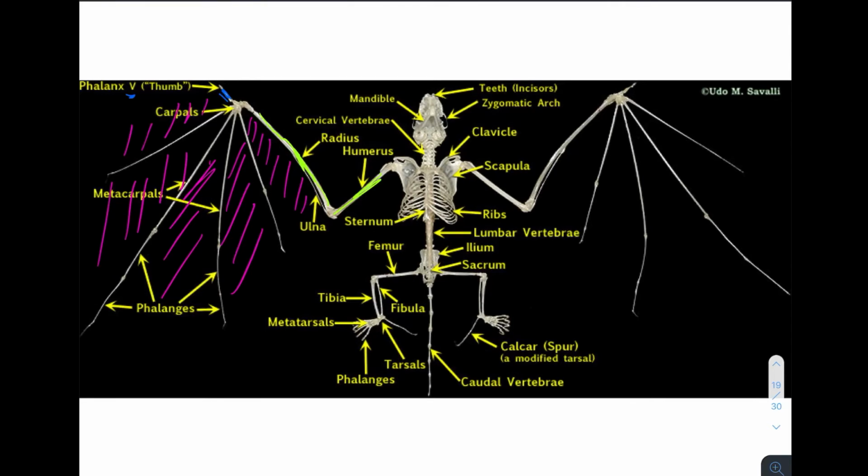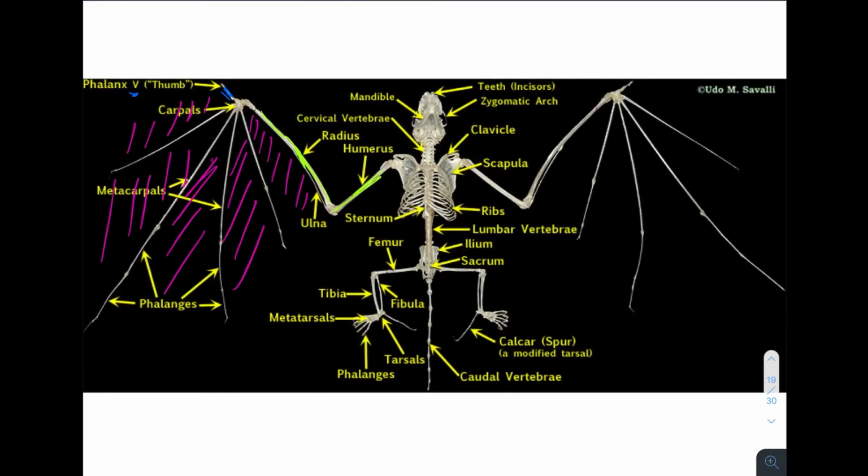And then if you try to put your hand in this conformation with the pinky up, your thumb ends up pointing down. This one right here must be phalanx 1, which means that this one right here must be phalanx 2, and this one 3, and this one 4, all the way to 5.